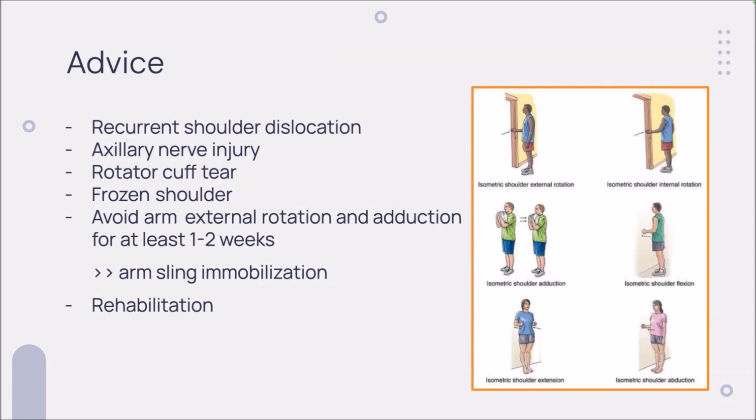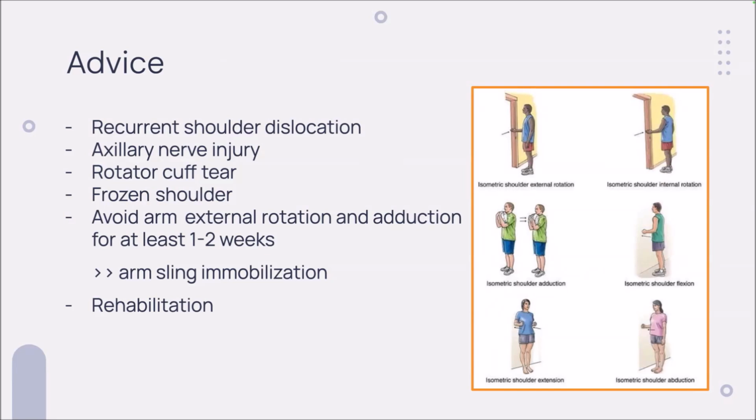First you need to tell the patient they have the chance of a second, third, fourth dislocation. So this may not be the last time. The incidence of recurrent dislocation is very high, depending on age and also the activity of the patient.